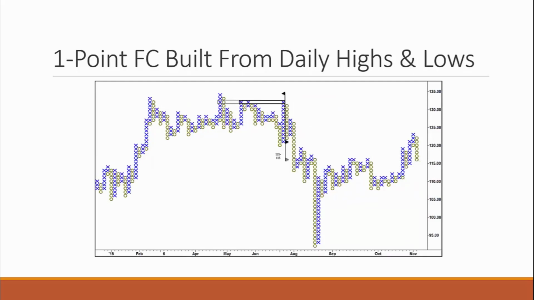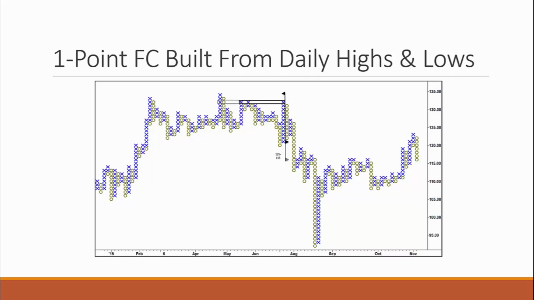So this is the same one-point figure chart of Apple Corp, but instead of using 60-minute data, we are building the chart from the daily data, the daily highs and lows. So it's still a one-point figure chart, just like the one built from the 60-minute data. It's just using daily data.